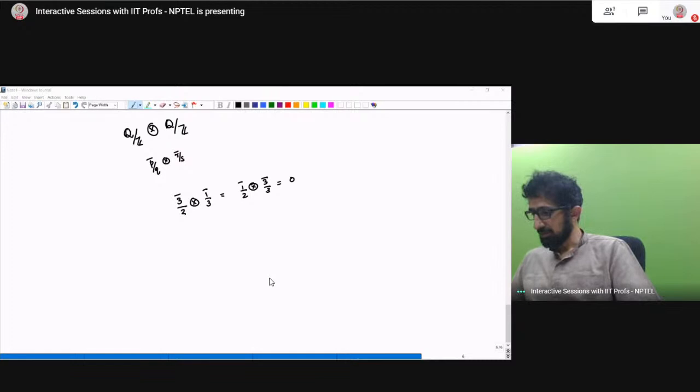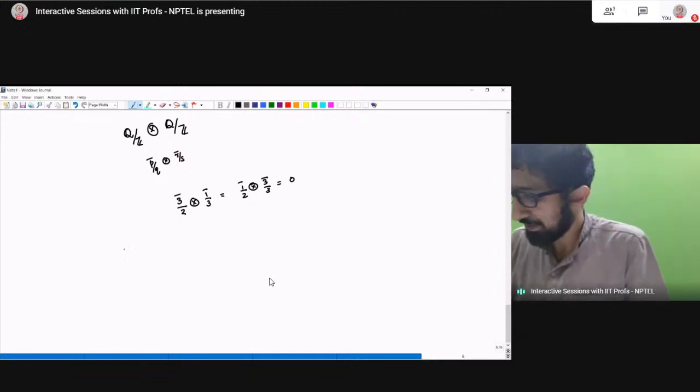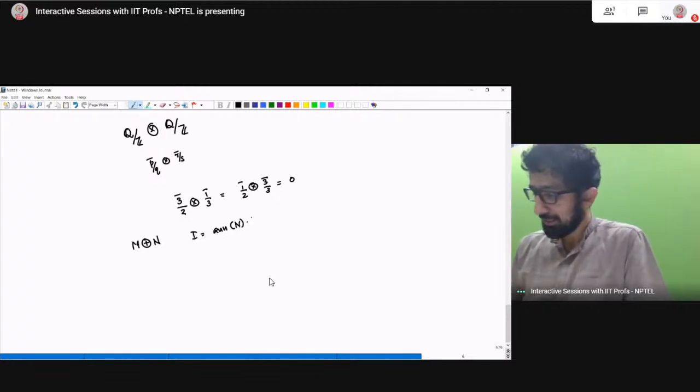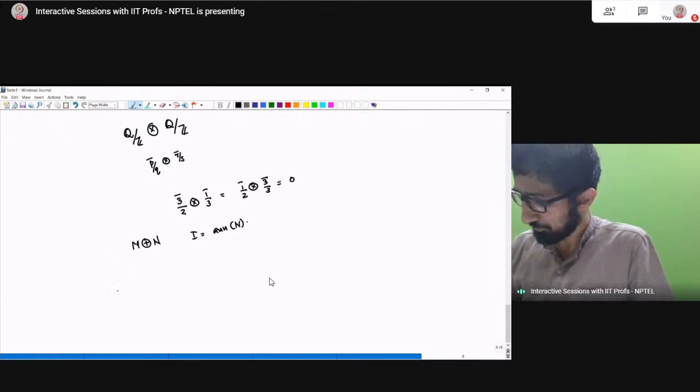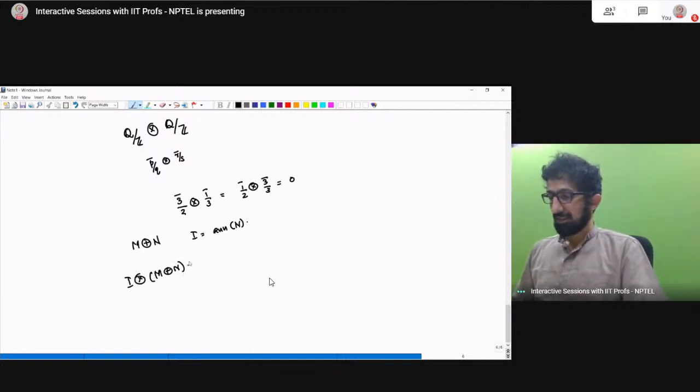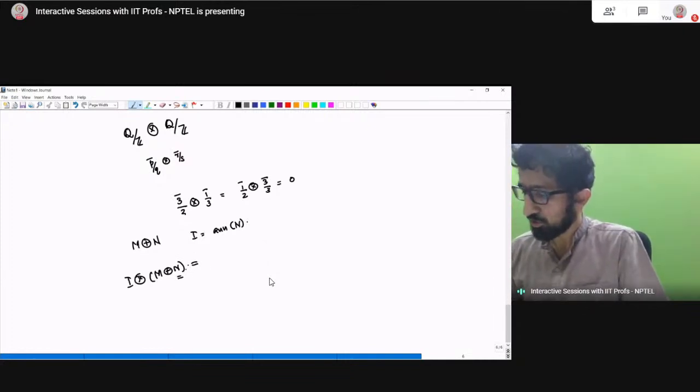Say for example, suppose your module is M direct sum N, and I is equal to the annihilator of N. If I take I tensor M direct sum N, then this part goes off, right?